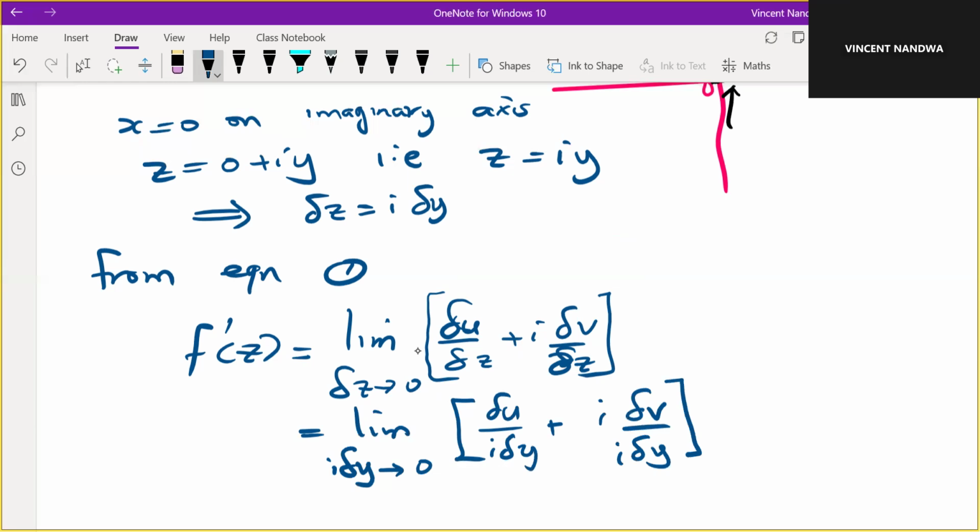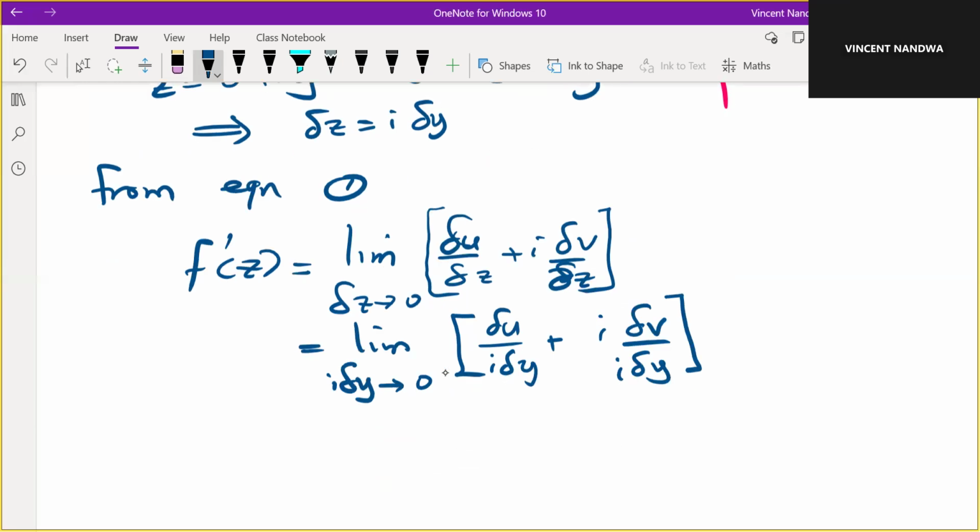I'm simply replacing where there's delta z by i delta y. Remember this i and i cancel out in this second part.